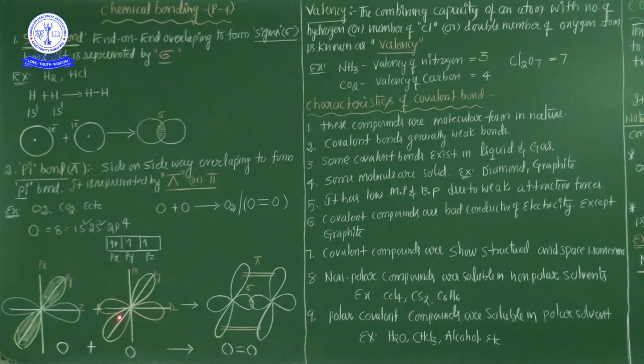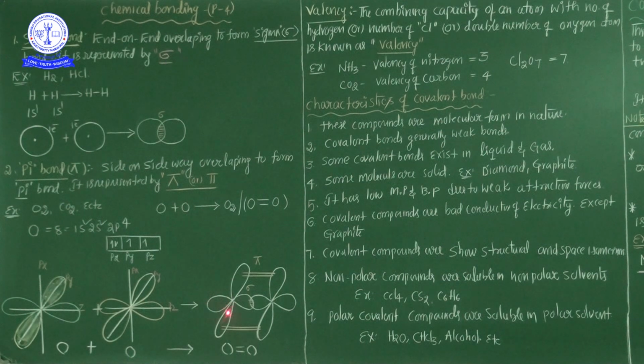Now we will see carefully, my dear students. This is the pz orbital, and this is also a pz orbital. So this pz orbital end and this pz orbital end: end-on-end overlapping of the pz orbitals. Most important point: in the oxygen molecule, which orbitals are involved in the end-on-end overlapping? The pz orbitals. One oxygen's pz orbital and another oxygen's pz orbital overlap end on end to form the sigma bond.